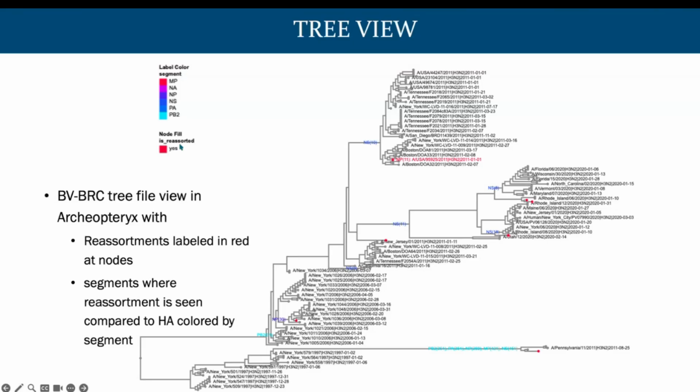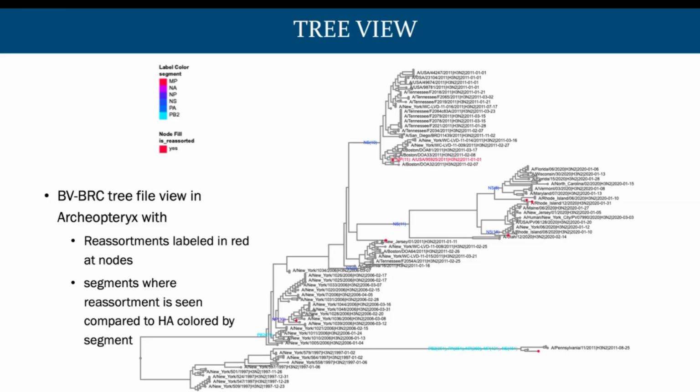The label color segments are going to be the ancestral inferred historical reassortment events, and those are at the branches instead of on the nodes like I discussed before, and able to be viewed further. Some of the nodes, just because of how it's zoomed, don't have the strings here, but Archaeopteryx has a lot of ability to manipulate your tree view so you can see whatever data you want.